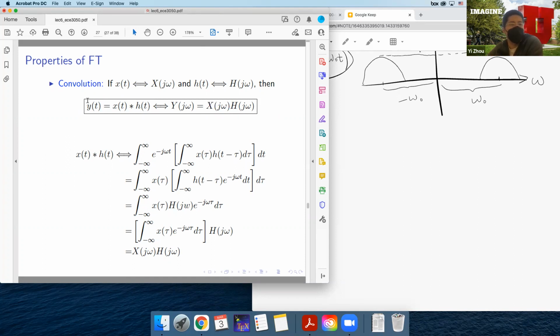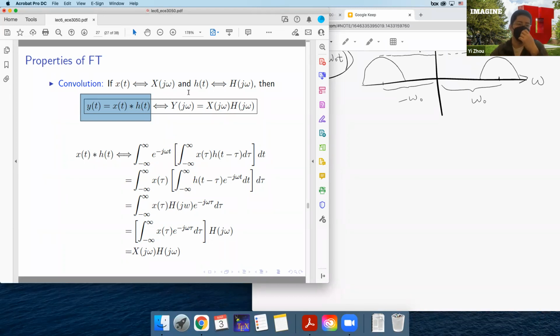So in the time domain, these signals are related through the convolution operation. It's very complicated. We have done this in the midterm. In general, it's very complicated to calculate convolution of two signals. But if you transform this into the frequency domain, you don't have to deal with convolution anymore.